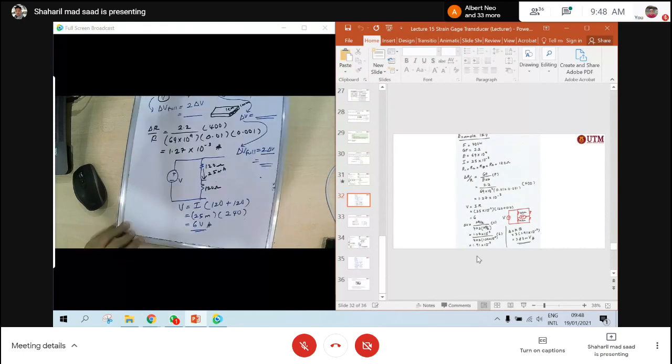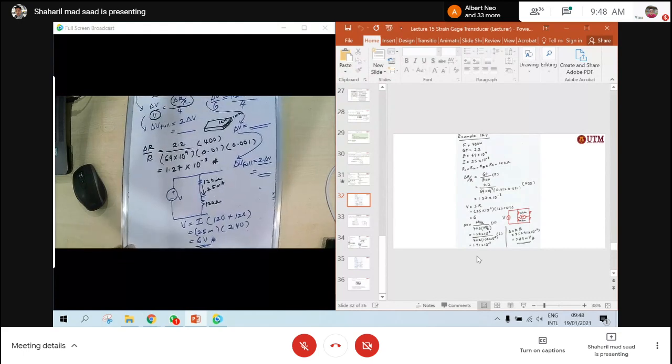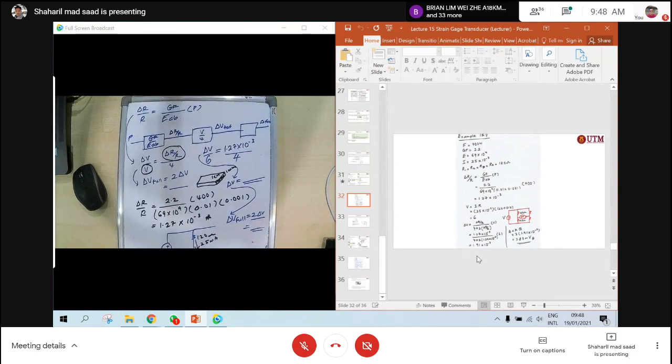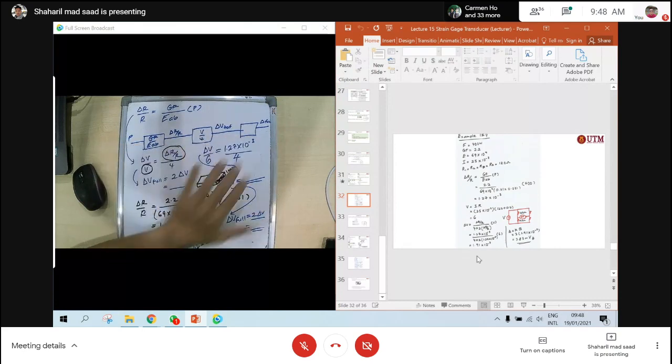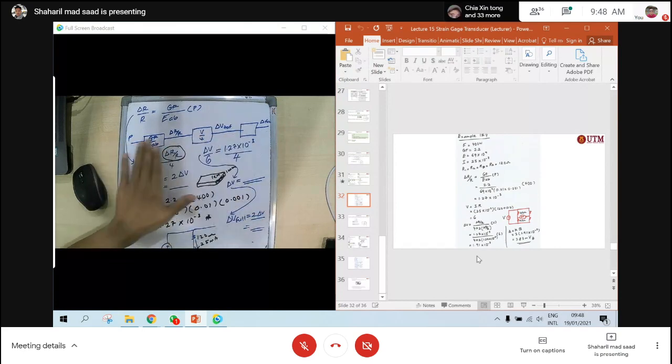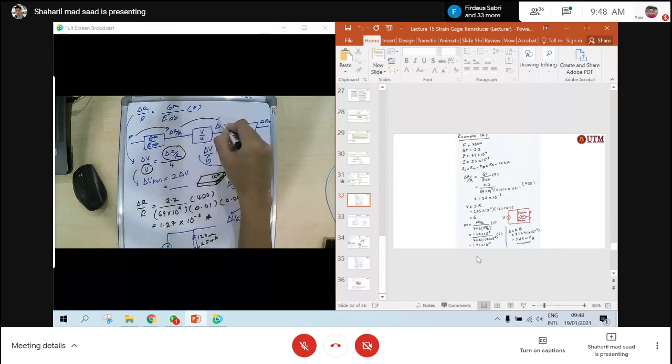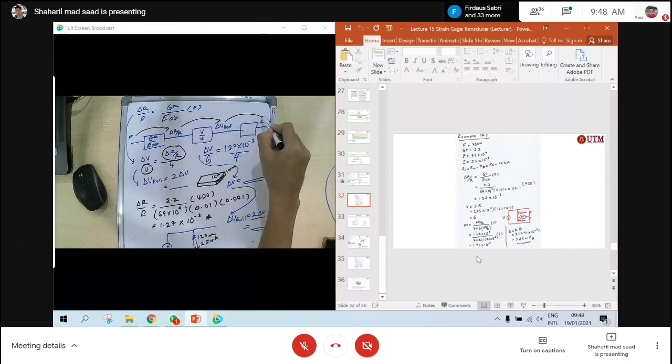Done. Quite simple. This is the relationship. It's very important to come out with this relation, so that it makes you clear. So from this one you can find this one, and from this one you can find this one.